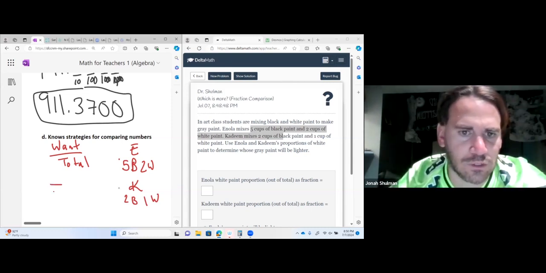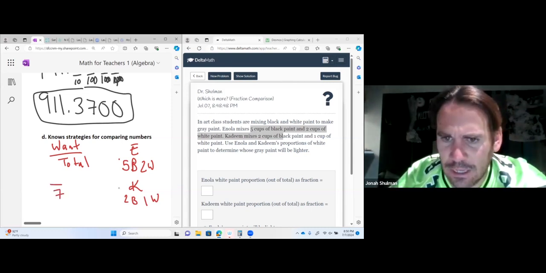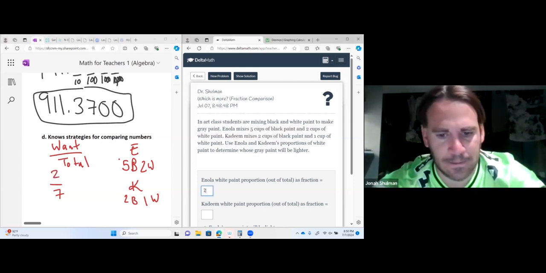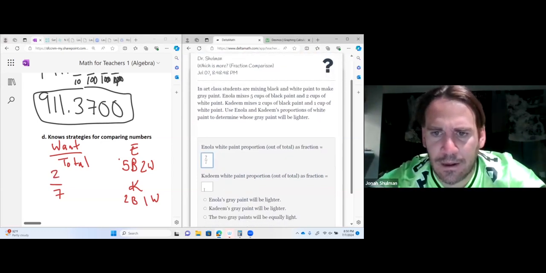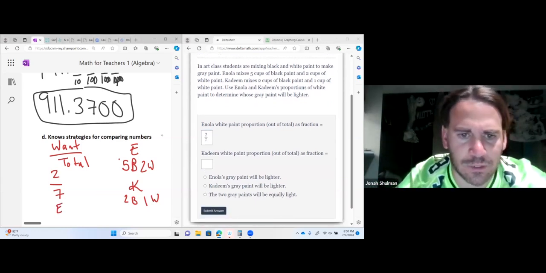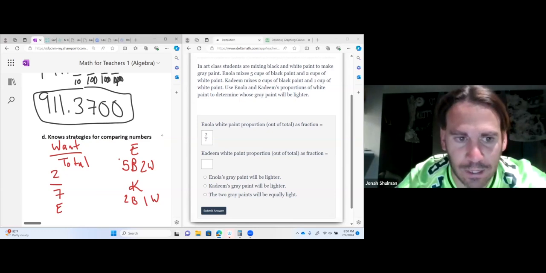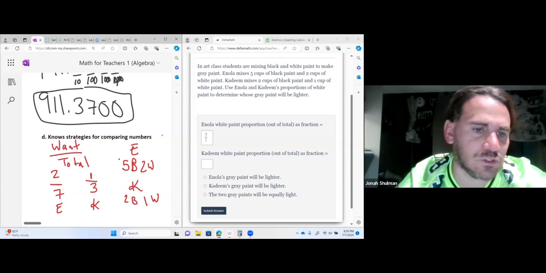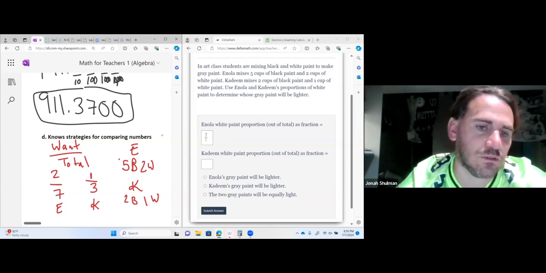So the total for Anola is 7, and we want white paint, so that's 2 out of 7. All right, and now we need Kadeem's. We got our boy Kadeem, which is 1 white. And our total is 2 plus 1, which is 3. So that's Kadeem. So which one's bigger, 2/7 or 1/3?